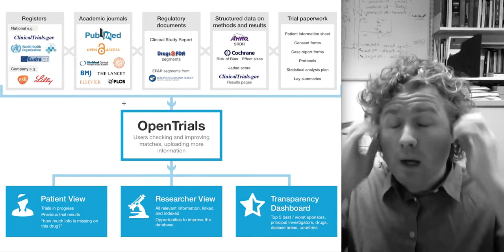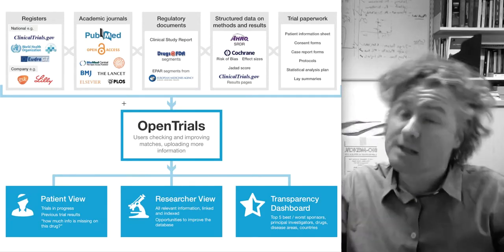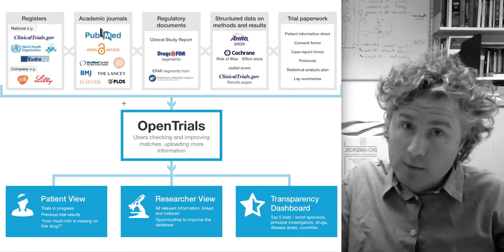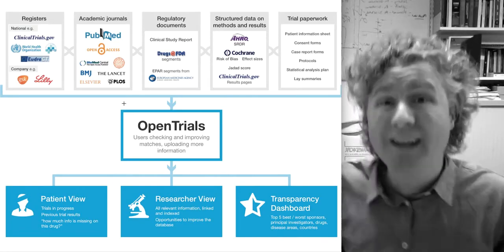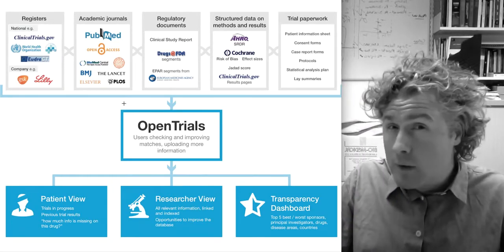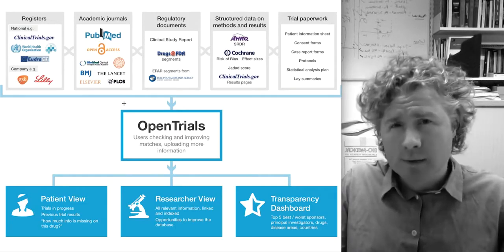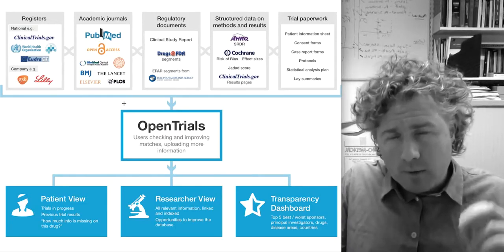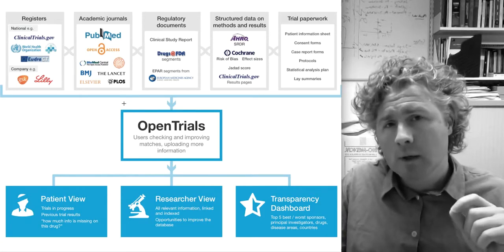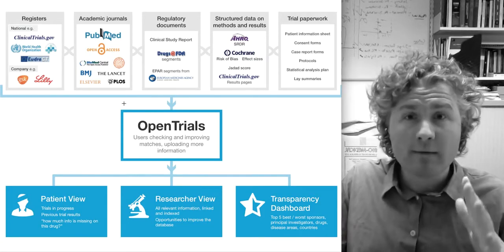There's also another category of regulatory documents which are very much underused and have only really come to be recognized as important over the course of the last 5 years, I guess, and those are clinical study reports. Clinical study reports are very, very long documents that are produced for industry trials. They're very stereotyped.